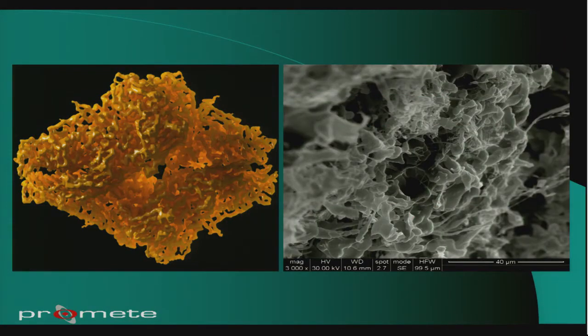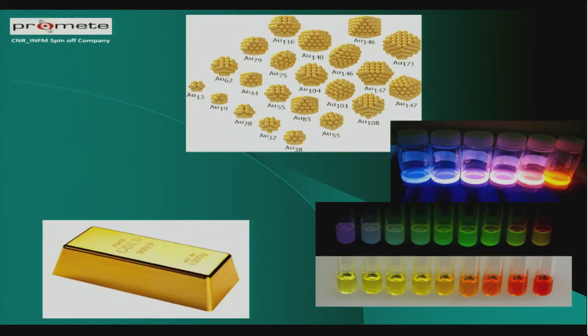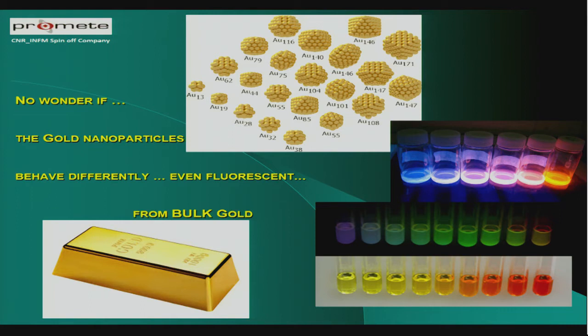This is the same on the right. It is the same image of this matter, and on the left it is a 3D image of a protein, only to give an image. In any case, there is no wonder if gold nanoparticles behave differently, and even are fluorescent, very different from bulk gold.